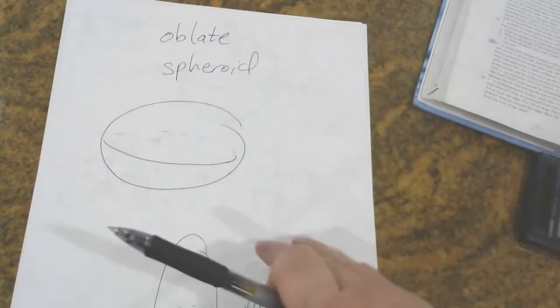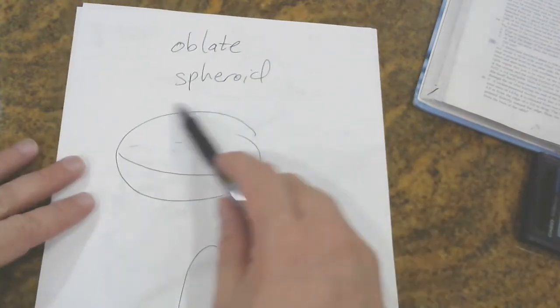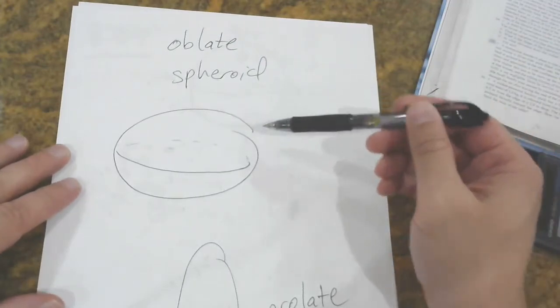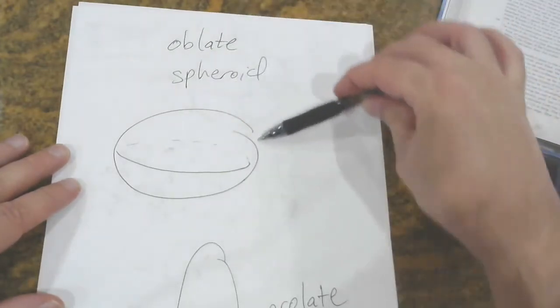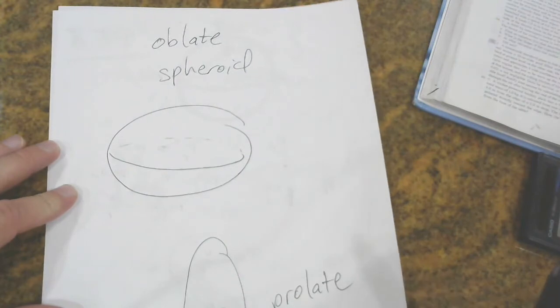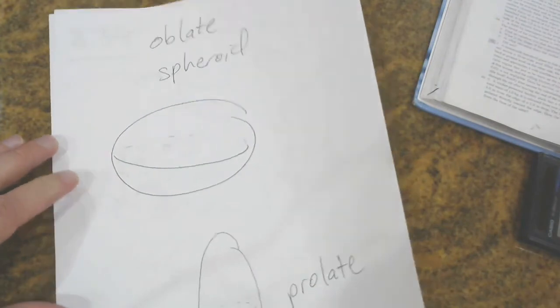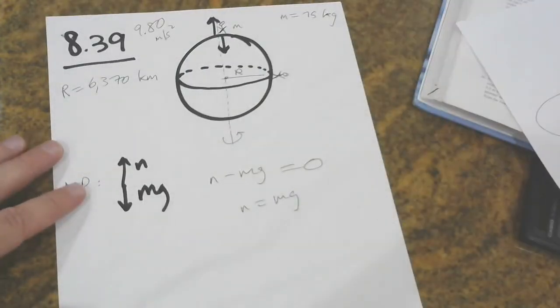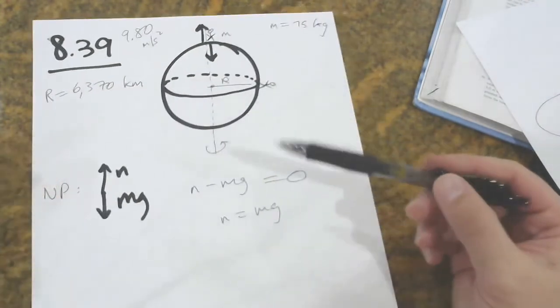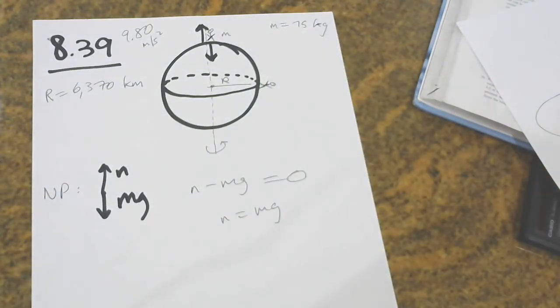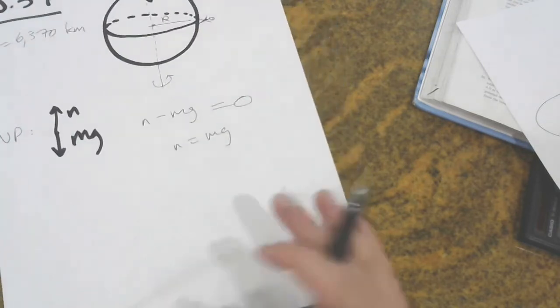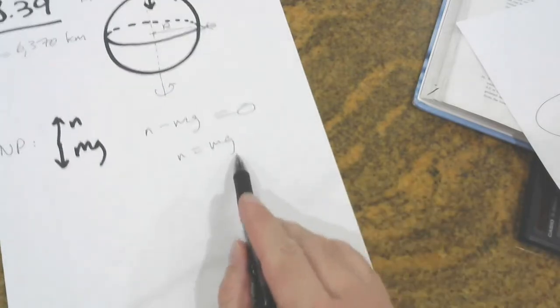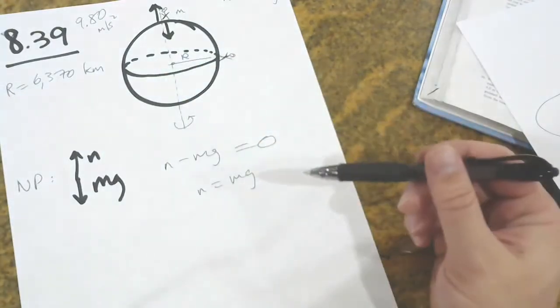Again, grossly exaggerated. And because of this non-spherical shape, the strength of the g field changes depending on your latitude. So even if 9.80 was the legit value, that number would not be constant at different latitudes. We're not worried about those challenges right now. So the difficulty with the shape of the Earth, the non-spherical shape, just forget about that. Okay, so we're going to pretend that g is 9.80 everywhere.